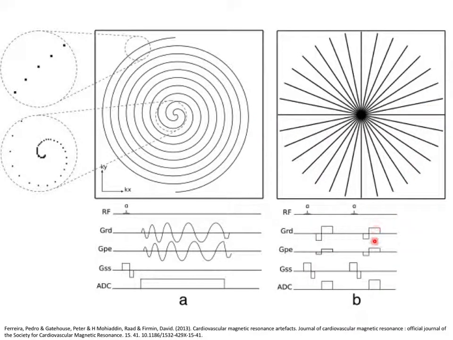So if these two gradients were equal, I would be along a line that's 45 degrees. Right? And if one is at its maximum value and this one is at 0, then you're reading out along one direction, say on the readout direction here. And so this is called essentially radial sampling.